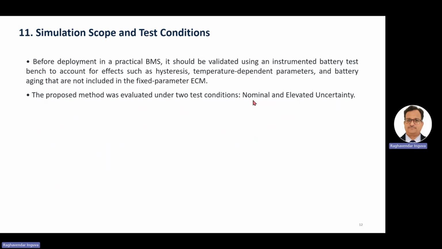From here on, we will call the first condition condition A. In elevated uncertainty, there is a large amount of non-Gaussian noise, as well as an initial error. Apart from that, other conditions are normal, like we have used the 2.6 ampere hour battery, and it must be validated using a standard EV cell.